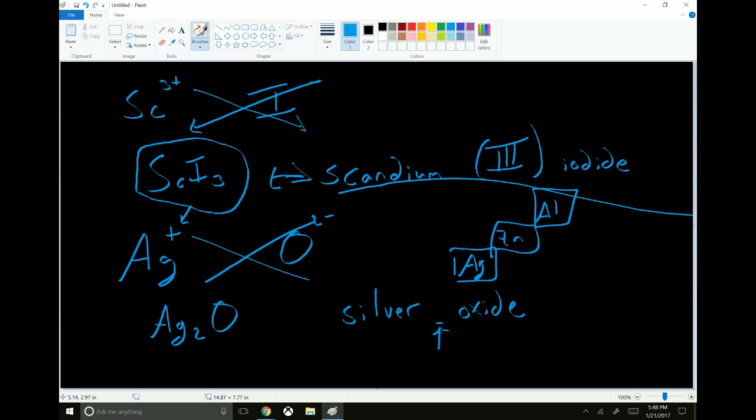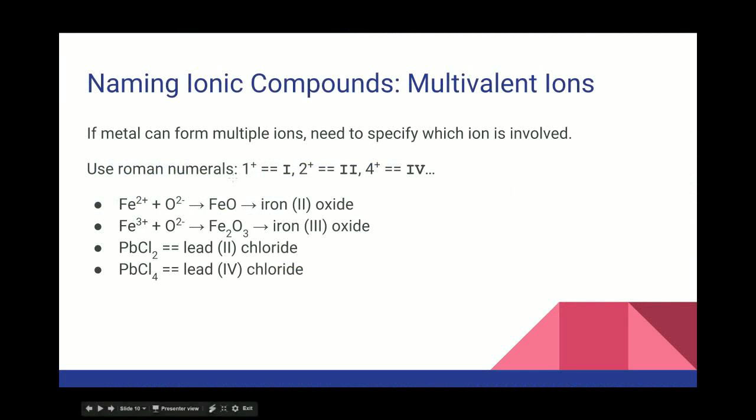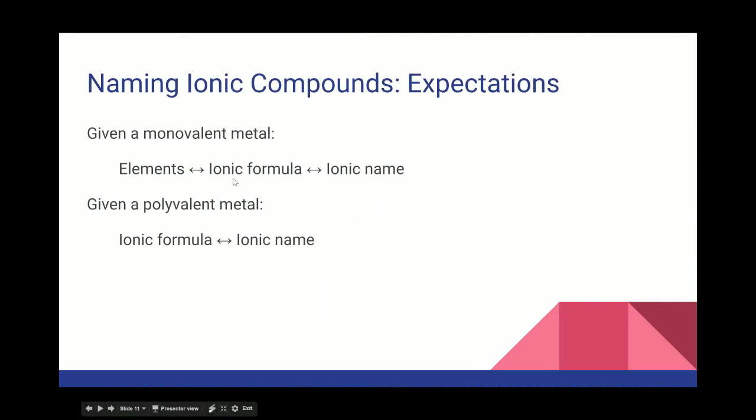Just from the elements. You can't do that. You need to know what ion is being formed. But when you do know what ion is being formed, as with the univalent metals, or if I give you the charge on the metal, then you can get the name and the ratio. Okay, and that is what I expect you to be able to do.